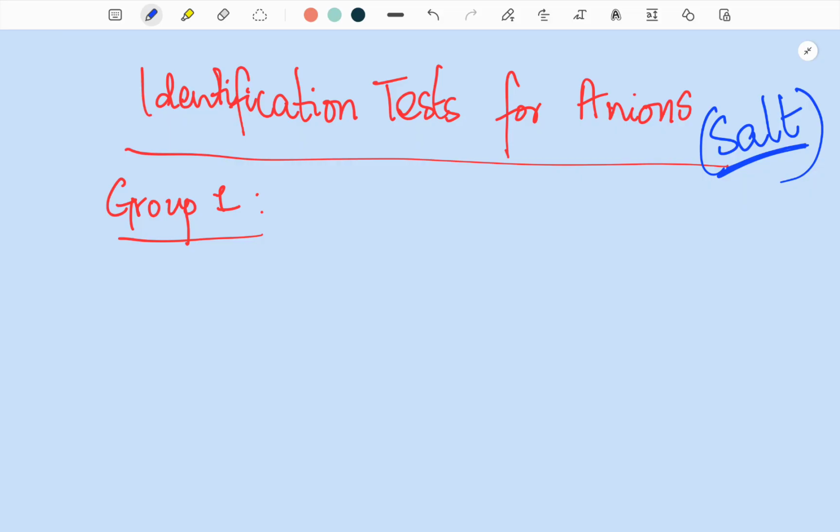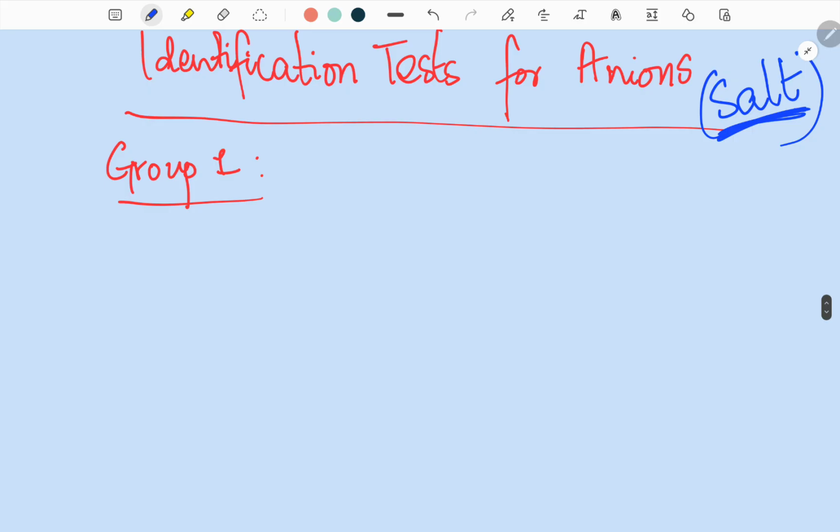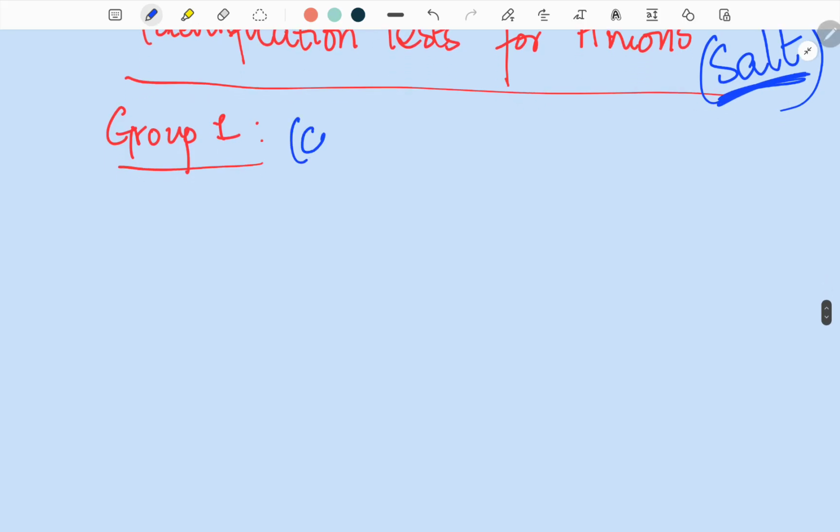We are using salt, just the plain salt we are going to use, and to the plain salt we will be adding certain chemicals. There is only one ion which involves salt solution, and I will explain why that particular ion needs salt solution. But for the other ions, please remember, for the identification test you just need to use the plain salt. So first, group 1, we are learning about carbonate and acetate.